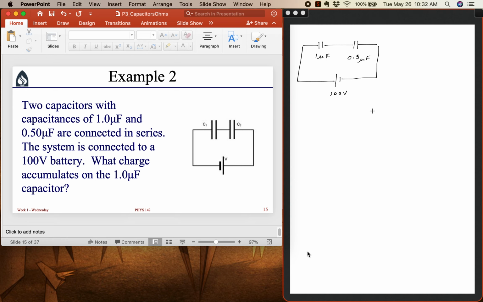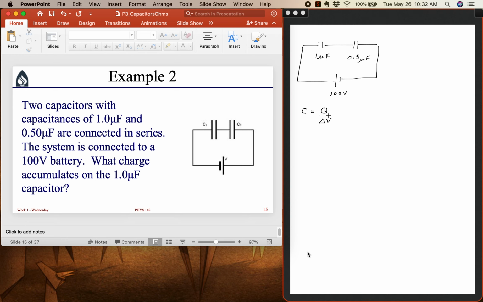So I need to find what charge accumulates on these capacitors. So I know I have my capacitance equation, C is Q over delta V. And I know that overall there will be a 100 volt drop over both of these capacitors put together. So if I gain 100 volts from the battery, I have to lose it over the two capacitors. But I'm not sure yet how that's split up.